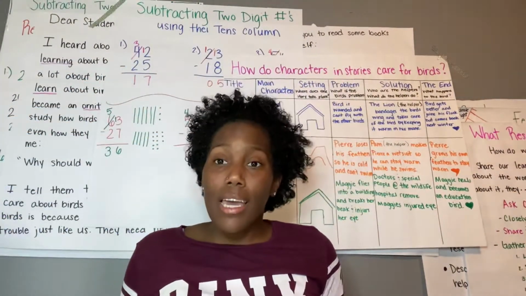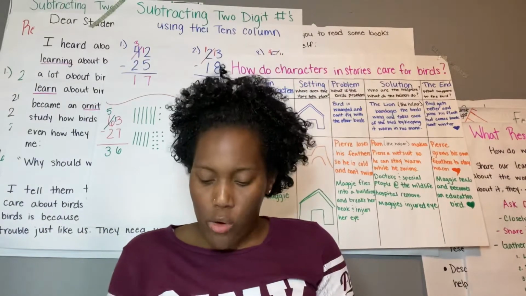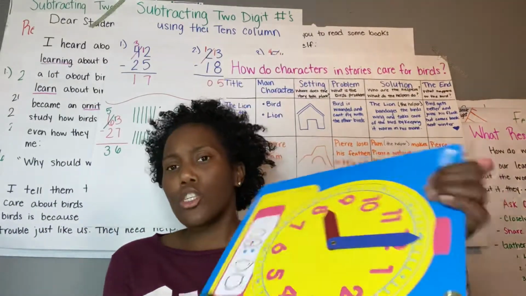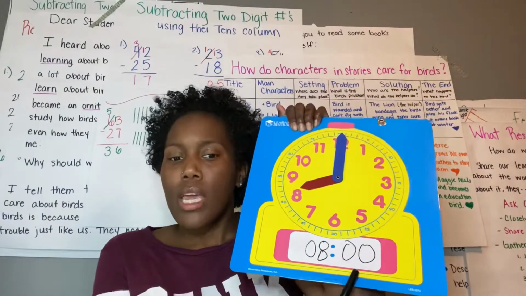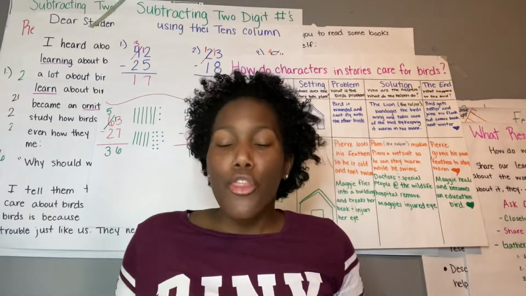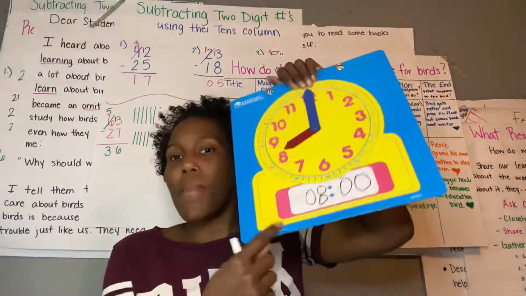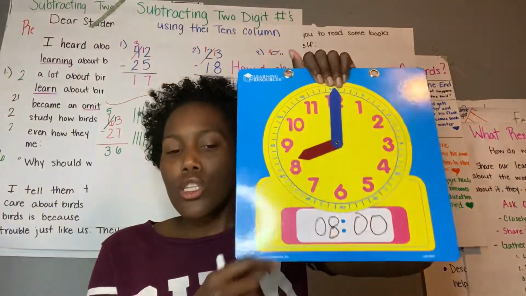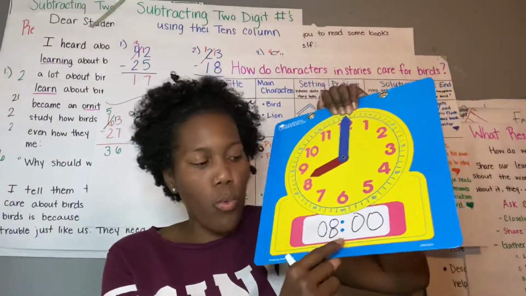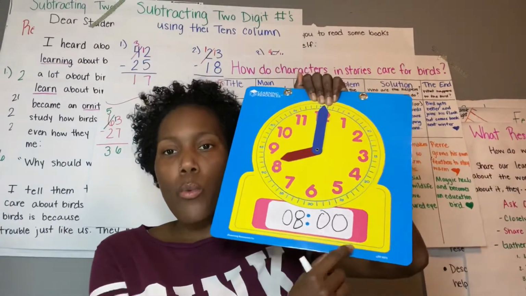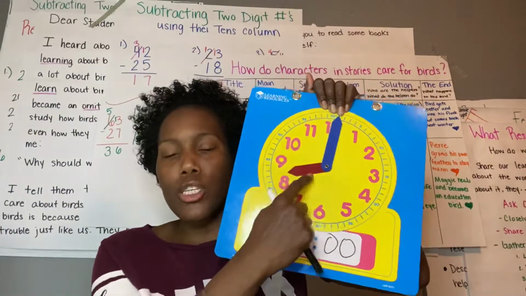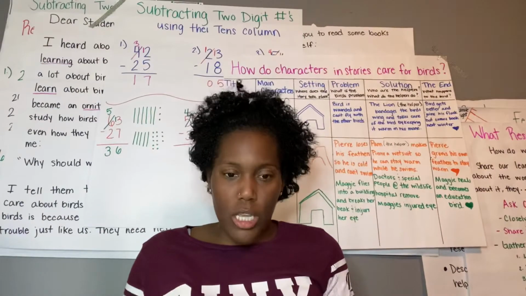So this is 8 o'clock on an analog and 8 o'clock on a digital. Now today, in your work time, you guys are going to see some digital clocks that have a time on them. And then you're going to have to pick the right analog clock that matches that digital time. So you're going to have to look and see, oh, what number is the hour? Where are the minutes? And match it to the clock that matches it, okay?